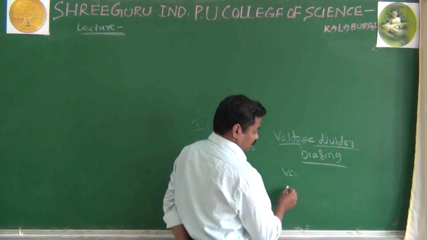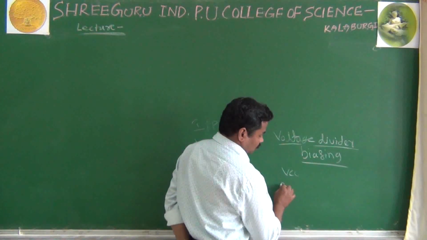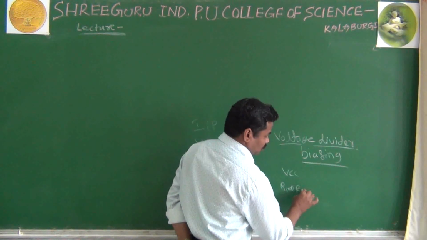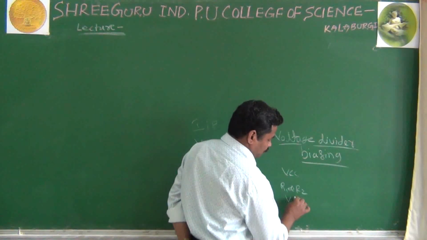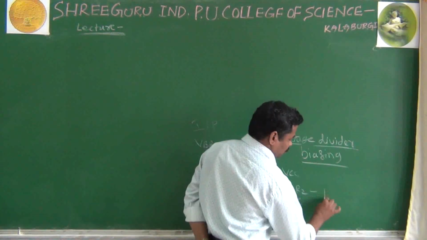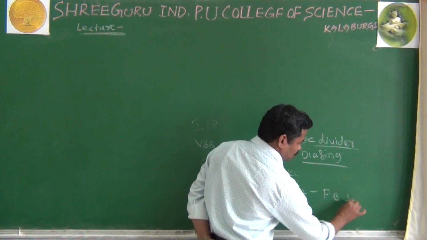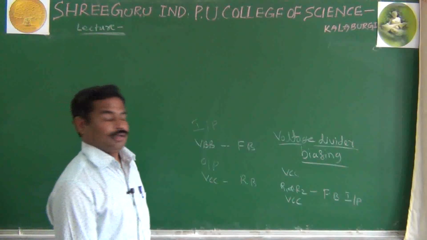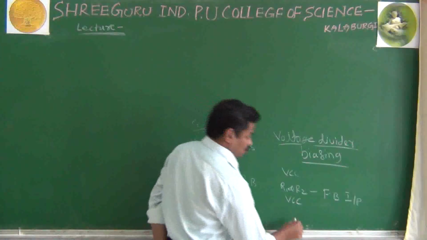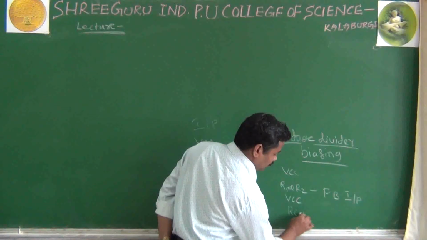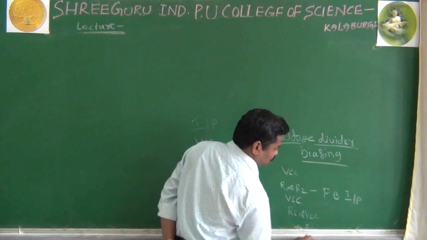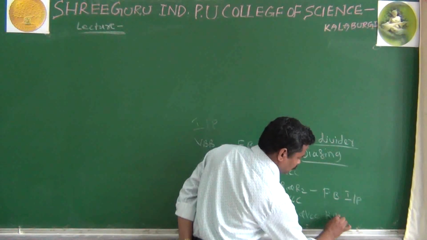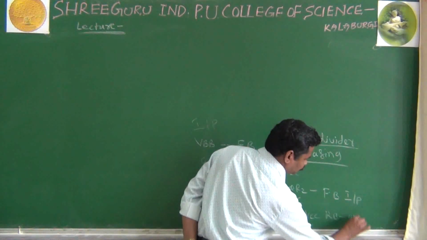As I said yesterday, R1, R2 and VCC make the forward bias in the input section. And we also want the reverse bias in the output section. That is done by RC and your VCC, which make the reverse bias for the output section.